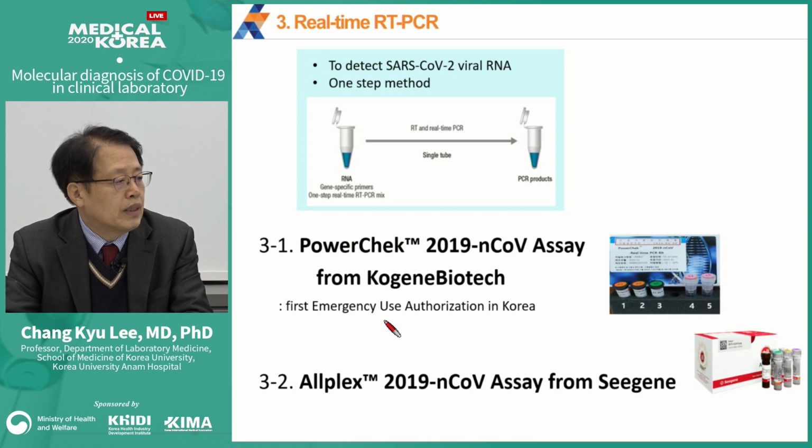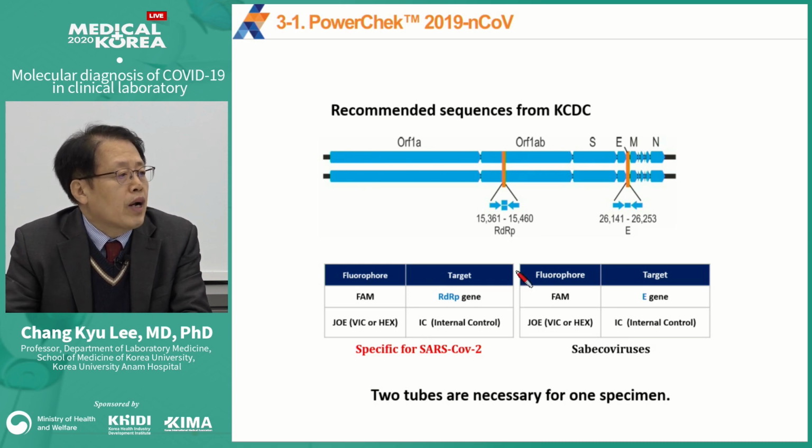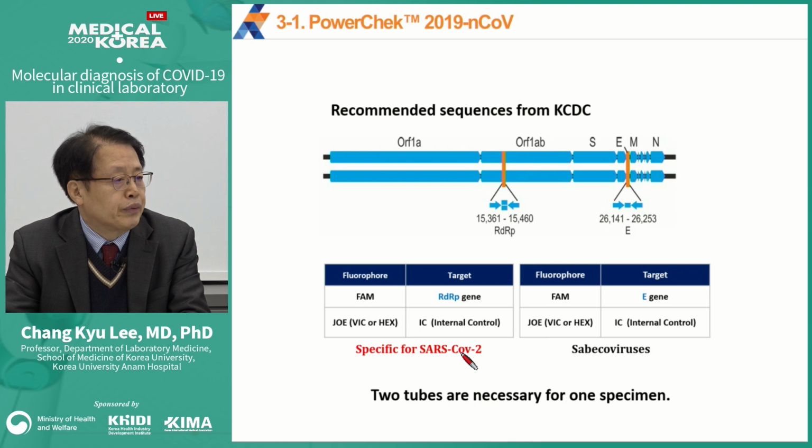The other one is Allplex from Seegene. PowerCheck uses recommended sequence from KCDC, E gene, and RdRp gene. E gene is for SARS virus. RdRp gene is specific for SARS-CoV-2. We need two tubes for one specimen.